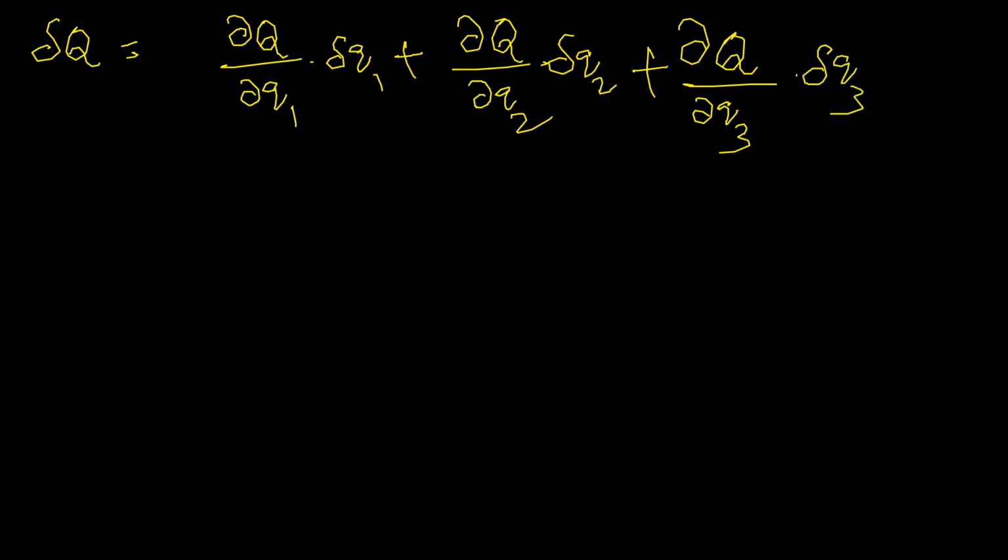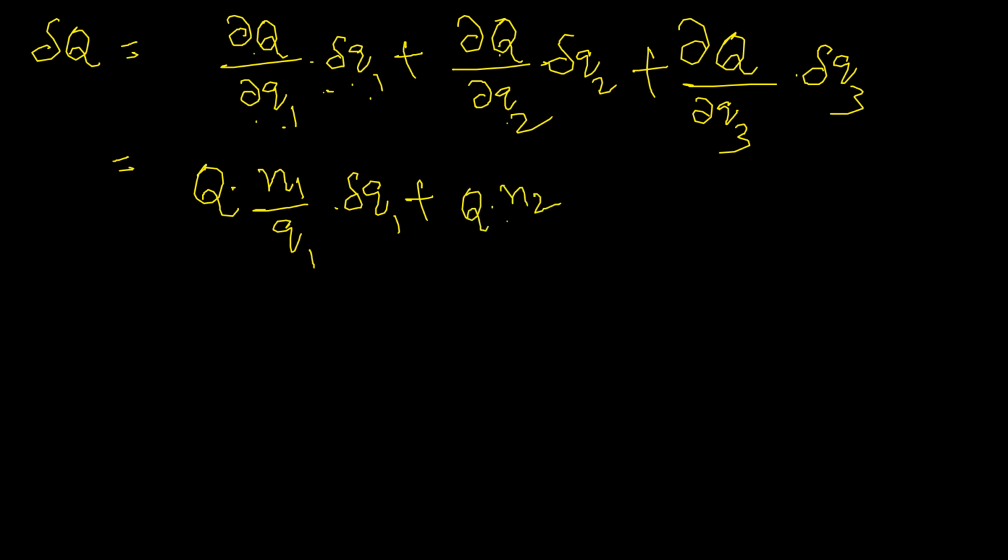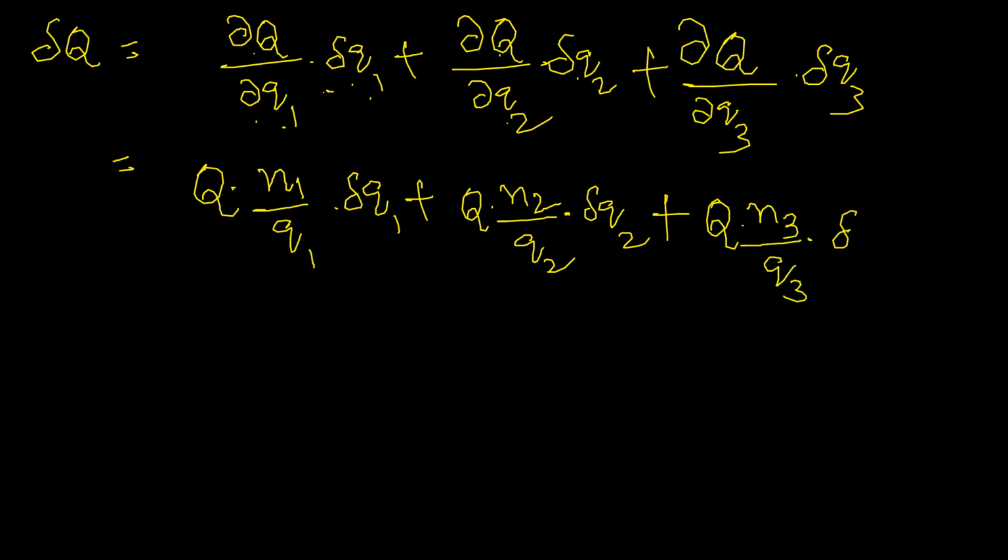Now, from the previous slide, we have dou Q by dou q1 equals Q times n1 by q1, and del q1 comes here as it is, plus for dou Q by dou q2, we have Q times n2 by q2 and del q2 as it is, plus for dou Q by dou q3, we have Q times n3 by q3 times del q3.